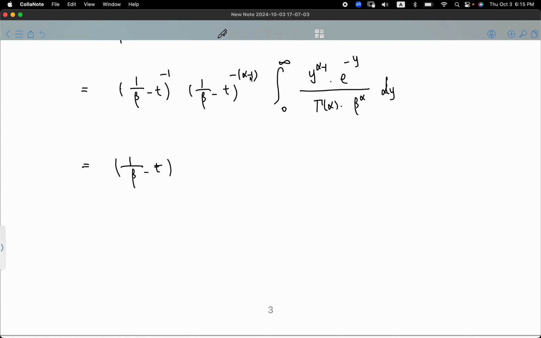So this is negative alpha plus 1 minus 1. You only have a negative alpha. Is that okay for the exponent? Negative alpha plus 1 minus 1. So you only have one copy, so you only raise the power of negative alpha here. Okay. And we are also going to bring out the denominator beta to the alpha from here, because this is first of all not related to y, and also does not make this integral equal to 1. So let's bring the things that are not helpful outside the integral.